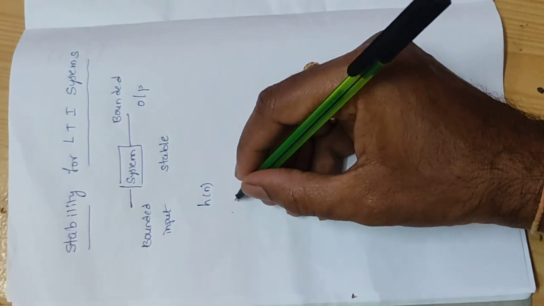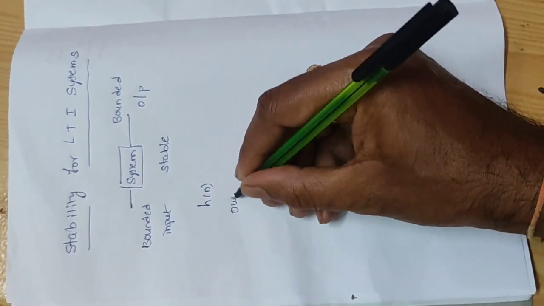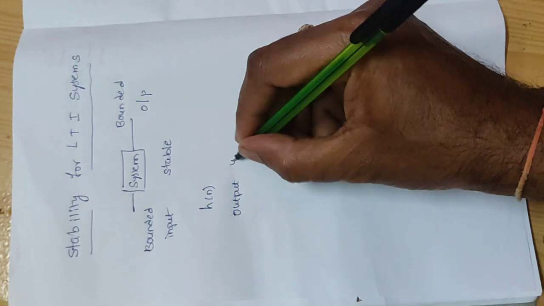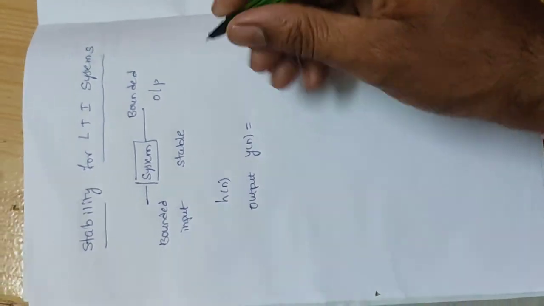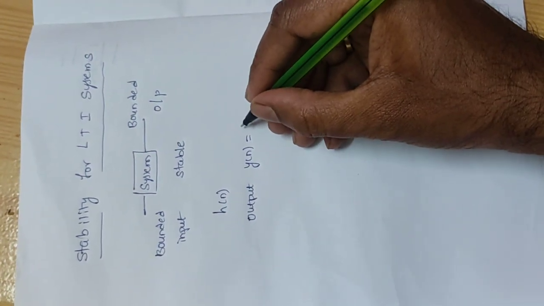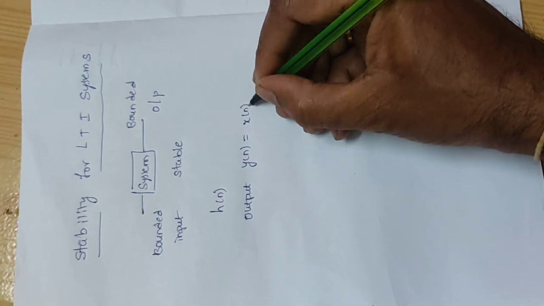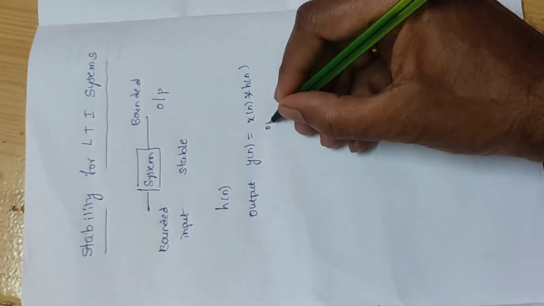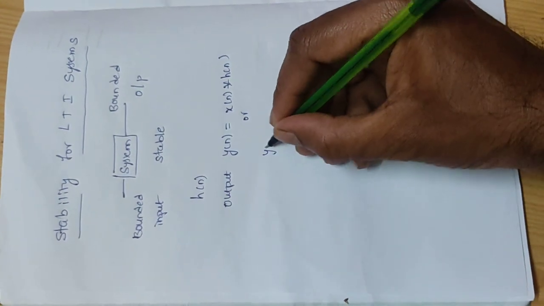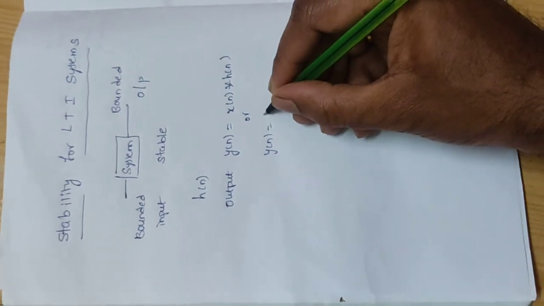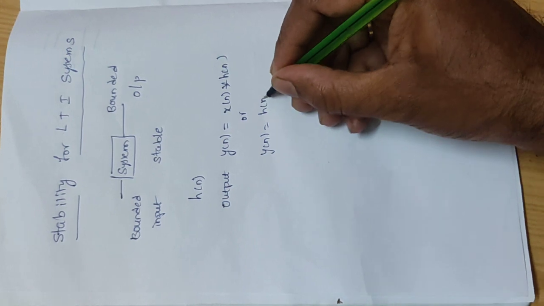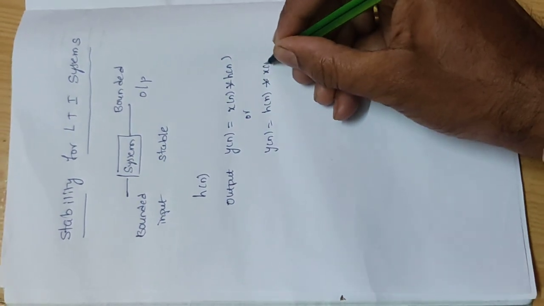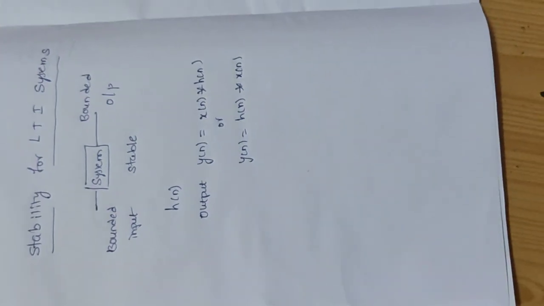The output y of n is equal to x of n convolved with h of n, or y of n is equal to h of n convolved with x of n.